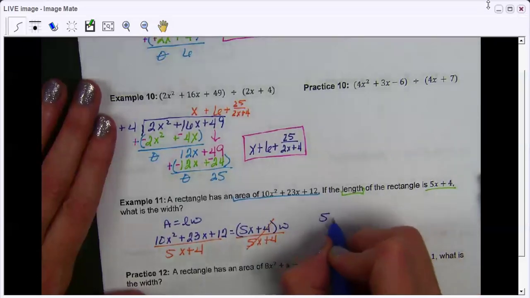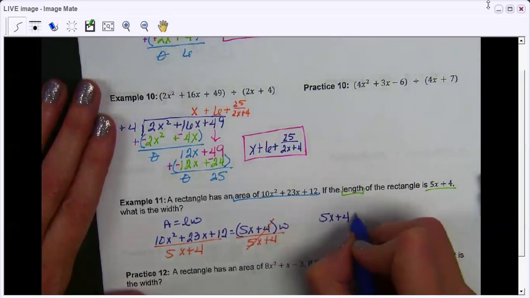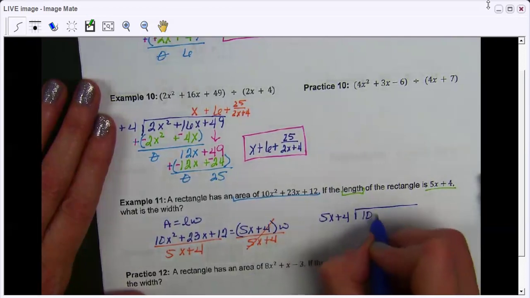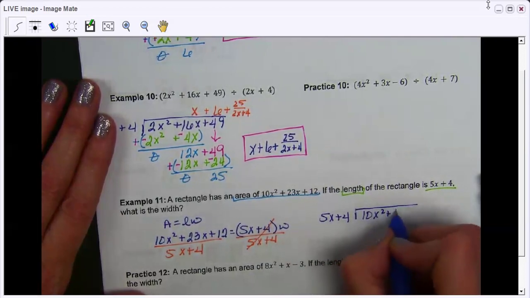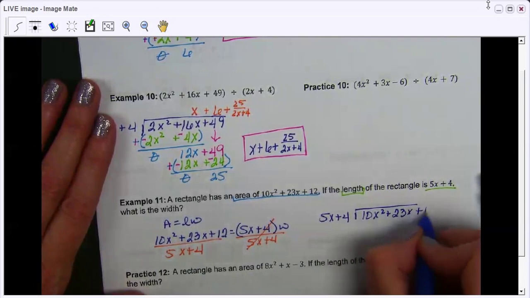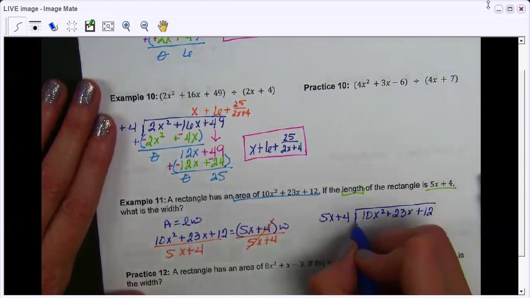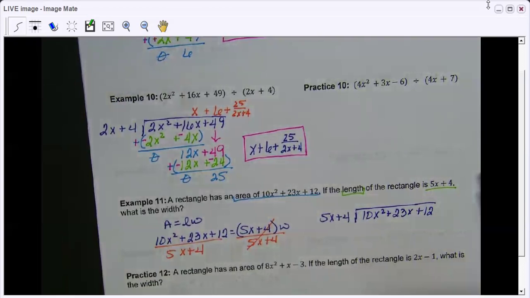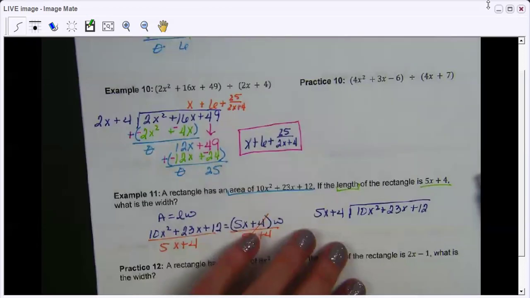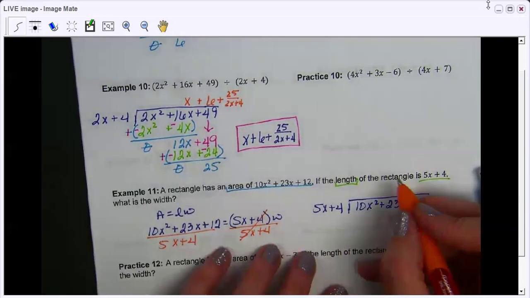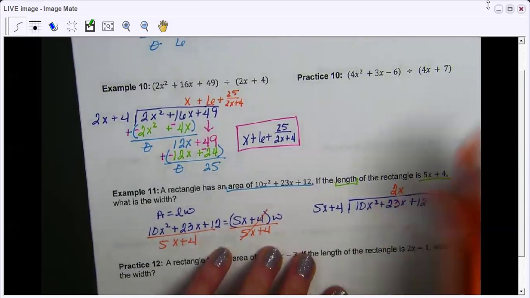We take 5x plus 4, and we're going to divide it into 10x squared plus 23x plus 12. So we'll go ahead and do that. 5x goes into 10x squared, 2x times.